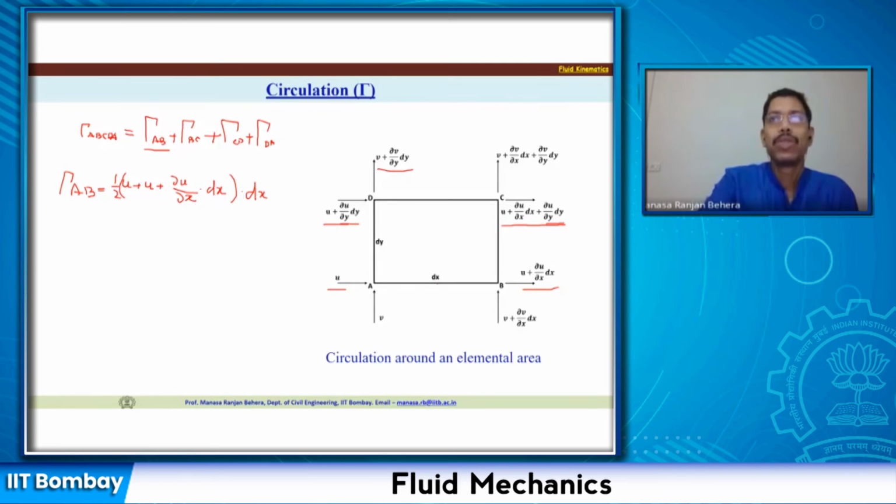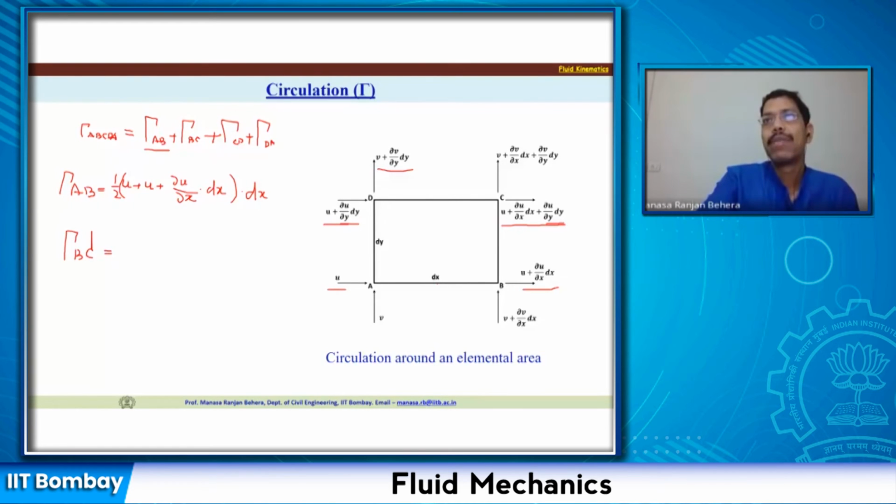Now similarly, you should be able to calculate the circulation over the length BC. When you want to calculate that, what is the velocity?